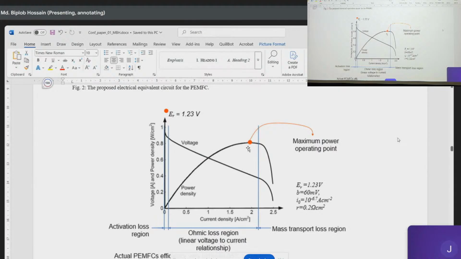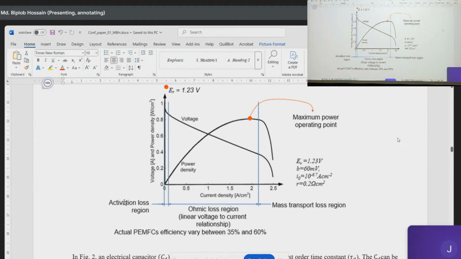If we see the VI characteristics curve of a proton exchange membrane fuel cell, right after zero you see there is one vertical range. This is the very low current density region, and this region represents the activation voltage drop, because this is the very minimum voltage you have to supply between electrodes to energize electrons to transfer from one electrode to another, let us say anode to cathode.